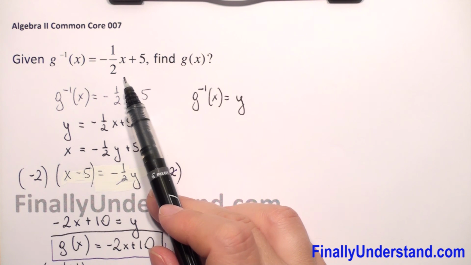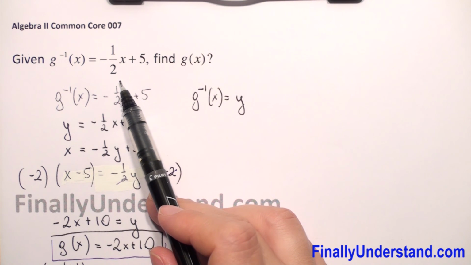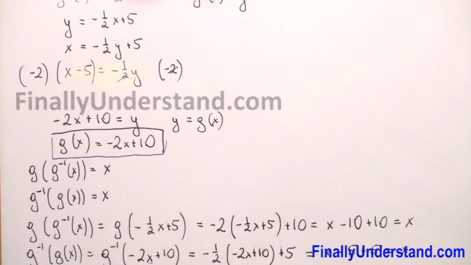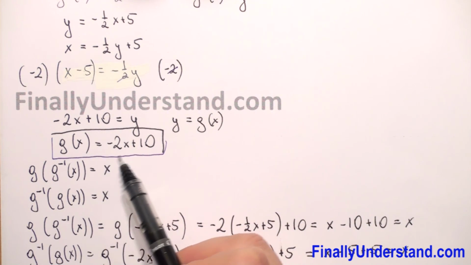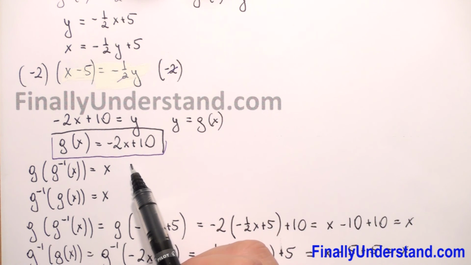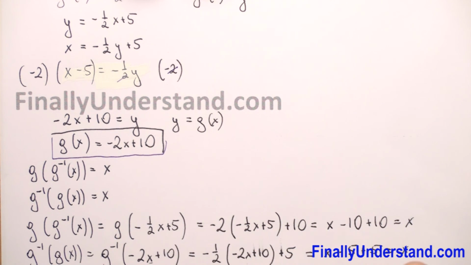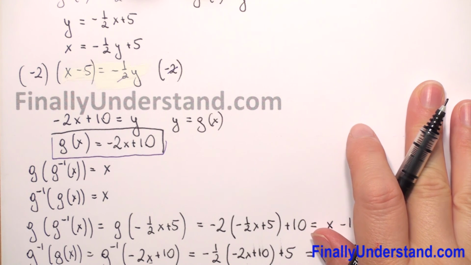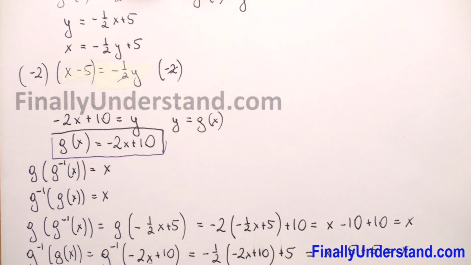The domain and the range of a linear function are all real numbers, and the domain and the range of our g function, a linear function, are also all real numbers. So the domain of g is equal to the range of the inverse function and vice versa. So everything is correct.